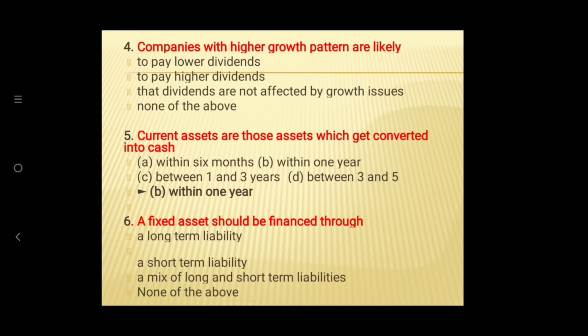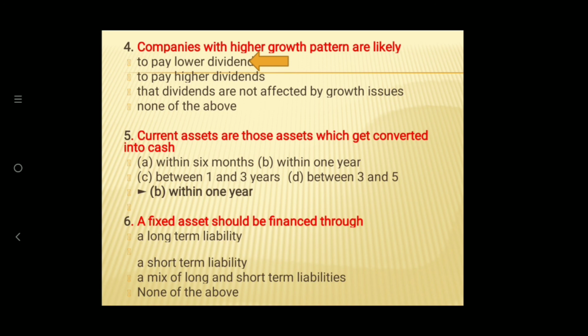Next question, companies with higher growth pattern are likely option A, to pay lower dividends, to pay higher dividends, that dividends are not affected by growth issues, none of the above. Option A, to pay lower dividends. Current assets are those assets which get converted into cash option A, within 6 months, B, within 1 year, C, between 1 and 3 years, D, between 3 and 5 years.